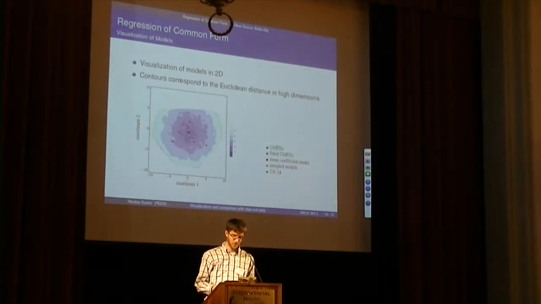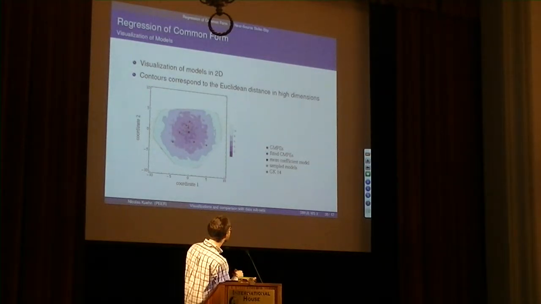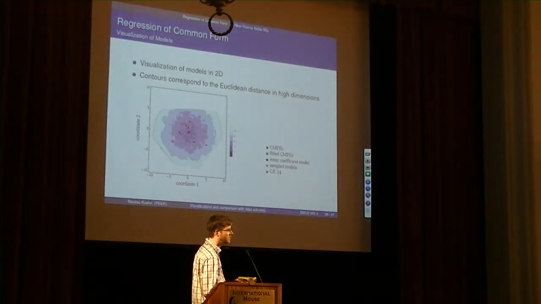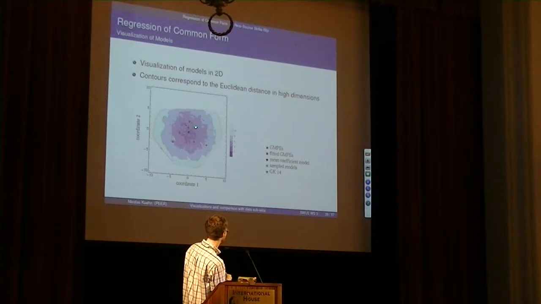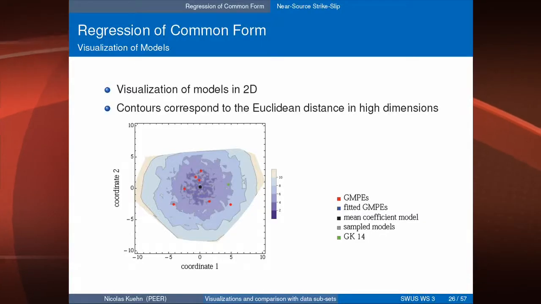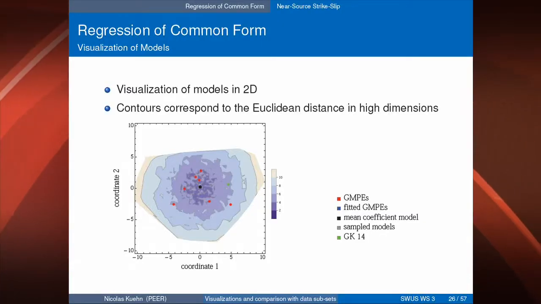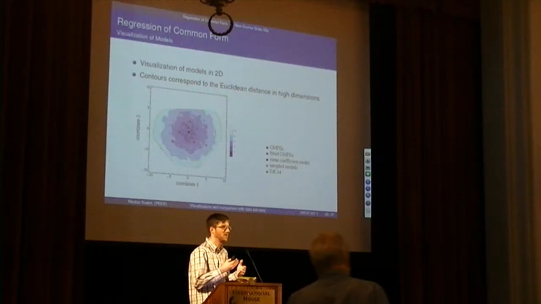And now I'm going to show you a lot of contour plots. This is what we're trying to estimate. The contours are Euclidean distance in high dimensions, so this is why they're kind of circular. They're not completely circular because high-dimensional space is not 2D space, so we're losing something. We can't reproduce everything that was there in high dimensions in 2D.